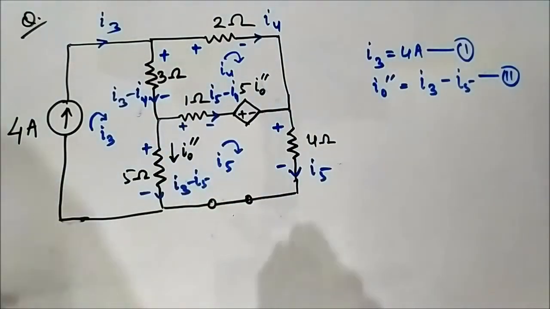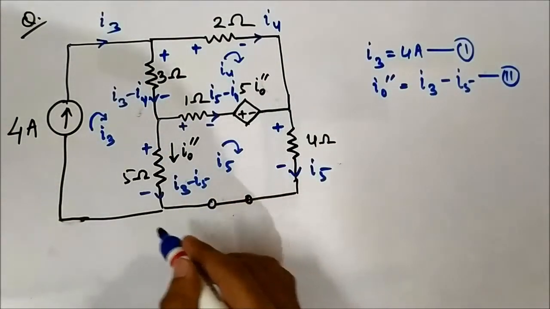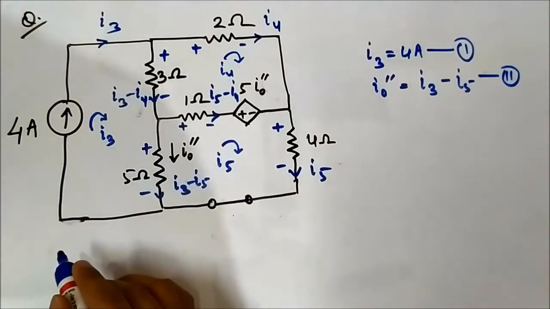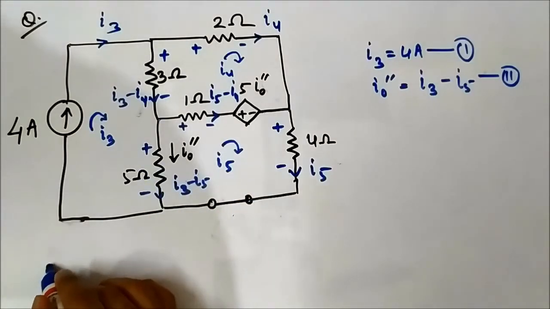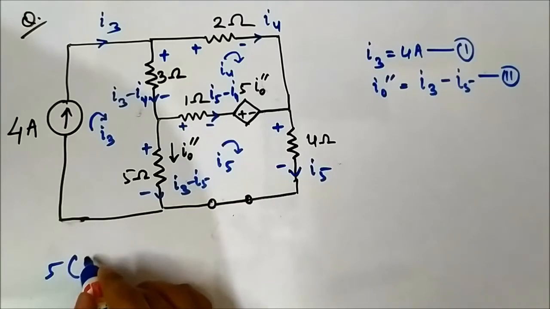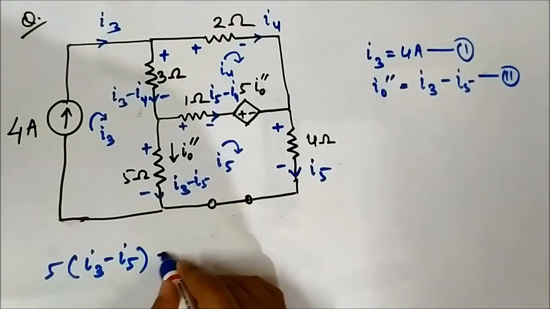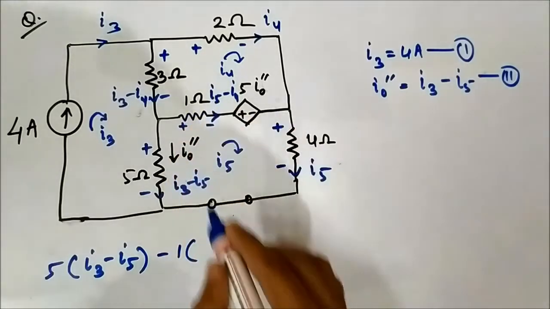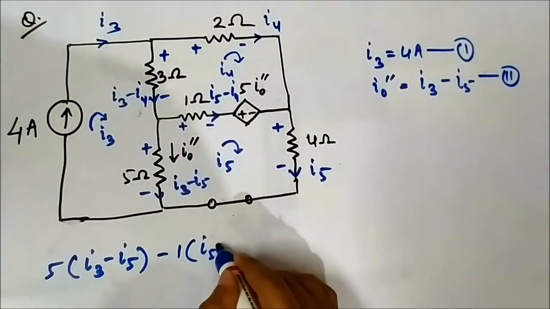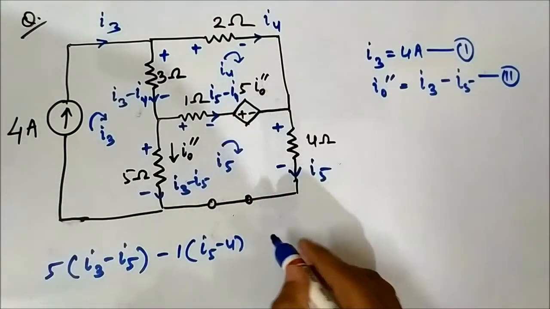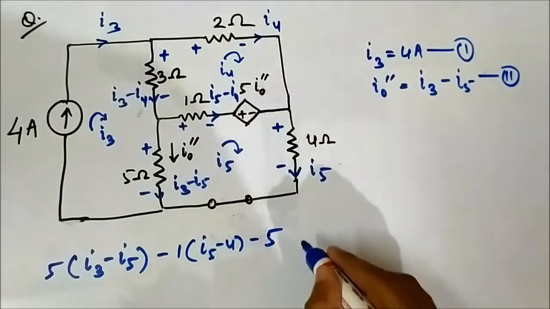Okay, let us apply KVL. So it will be 5 into I3 minus I5, minus 1 into I5 minus I4, minus 5 I0 double dash.